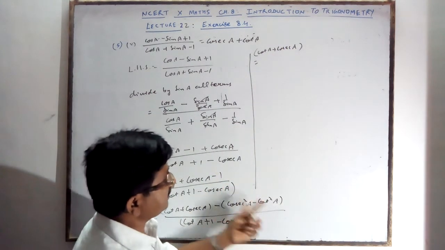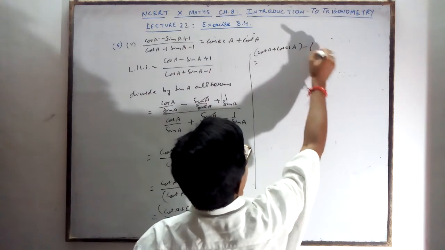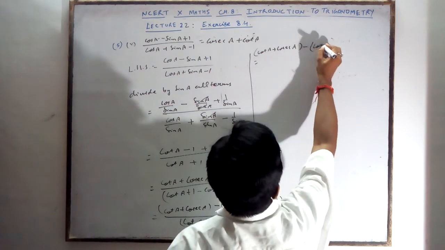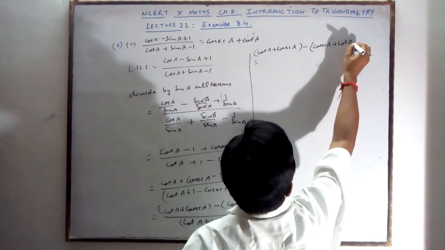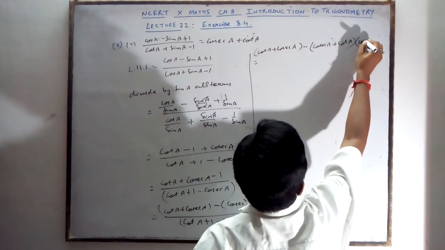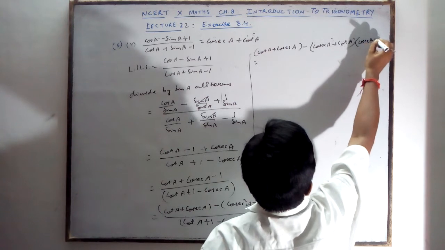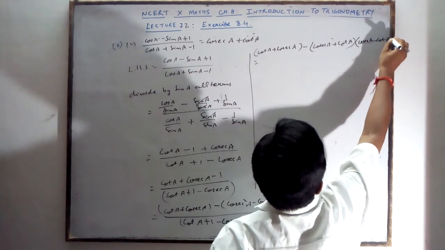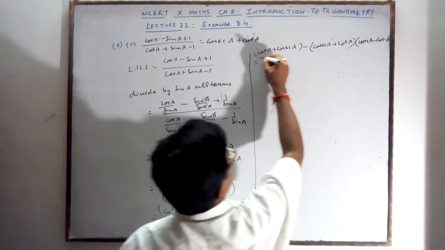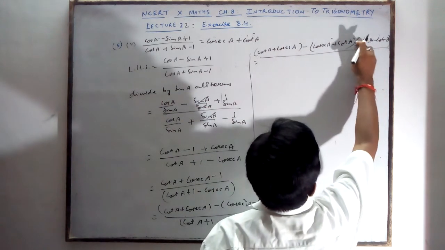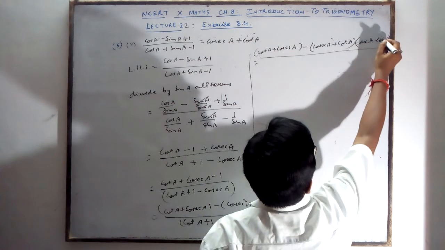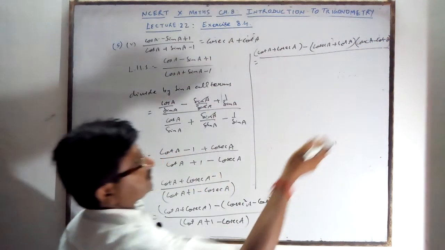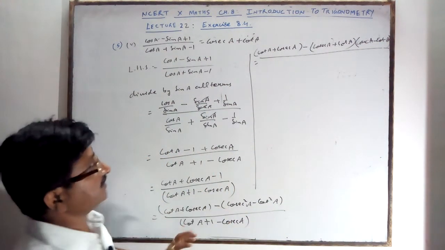Cosec square A minus cot square A will be in 2 forms: cosec A plus cot A in one bracket, and cosec A minus cot A in another bracket. A plus B, A minus B.